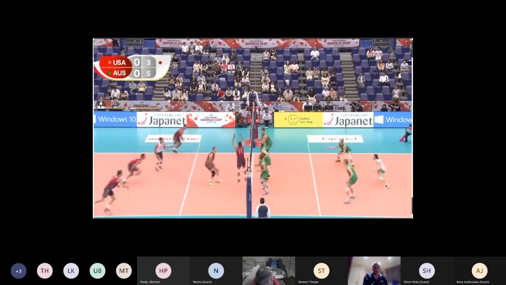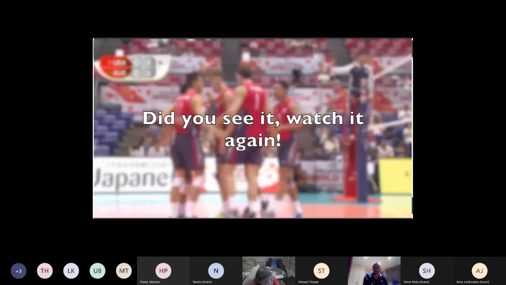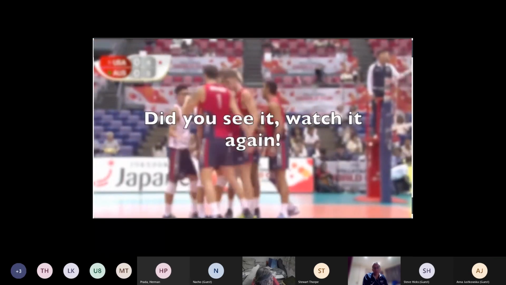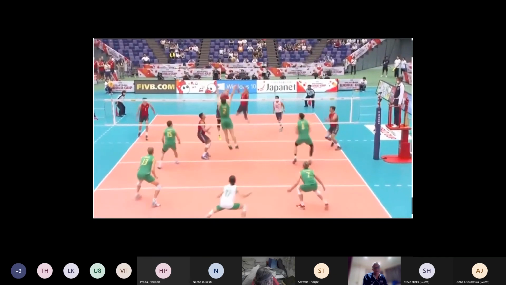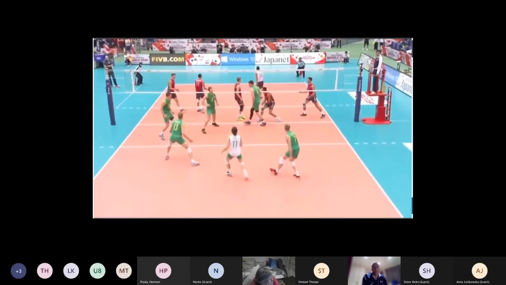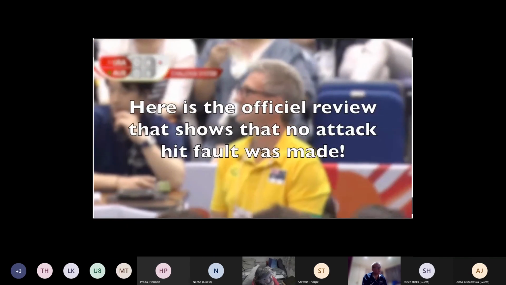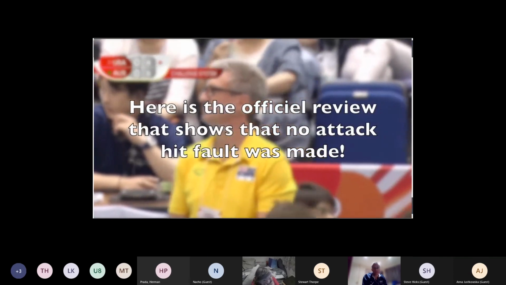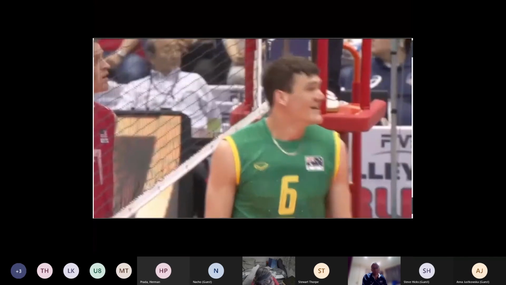But let's look at the USA here. In this instance, Australia have challenged the back row attack fault. I think if you were watching the player quite clearly, you saw that he had a good foot and a half maybe of space between him and the attack line when he played it.